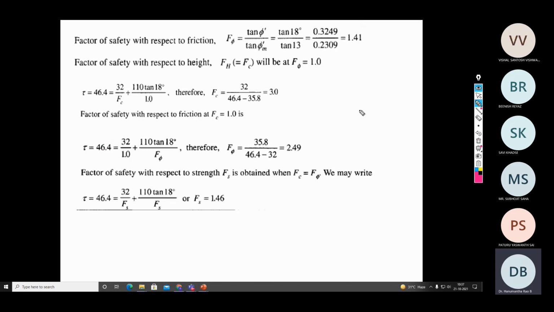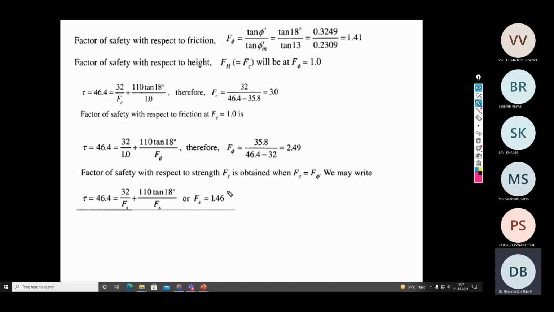Now, if you try to infer the valuable information from all these factor of safety values, one thing is very clear. Your slope becomes unstable only when you consider the factor of safety F c equal to F phi, that is 1.46.